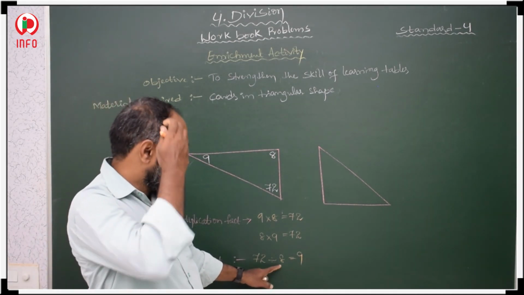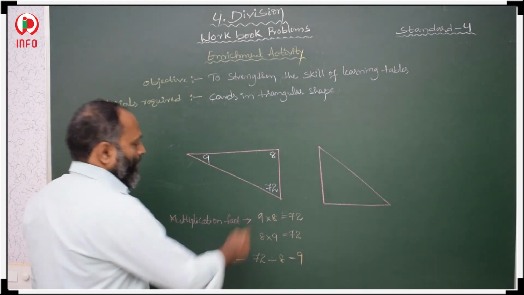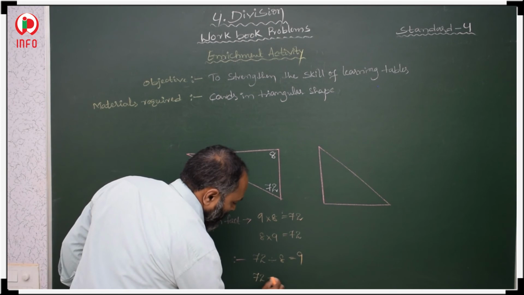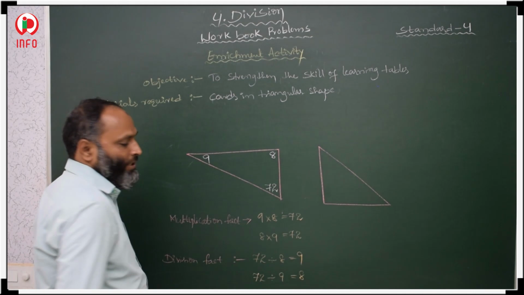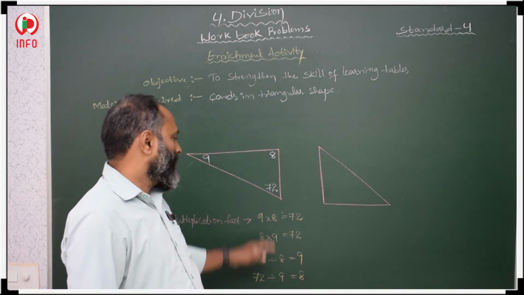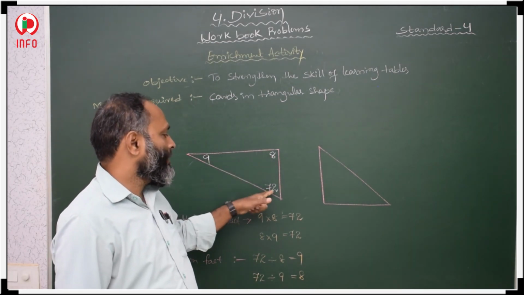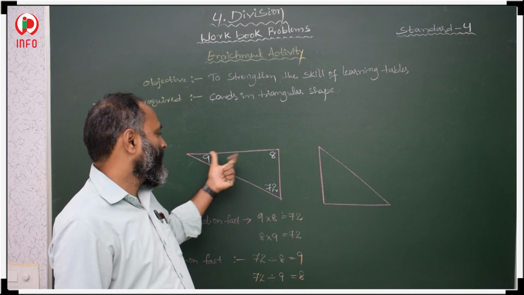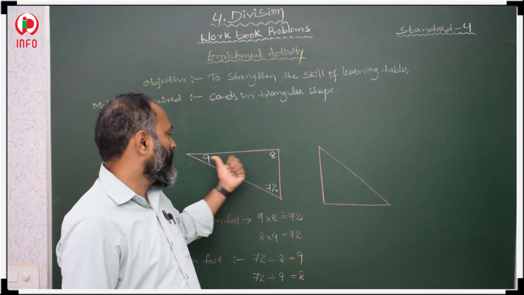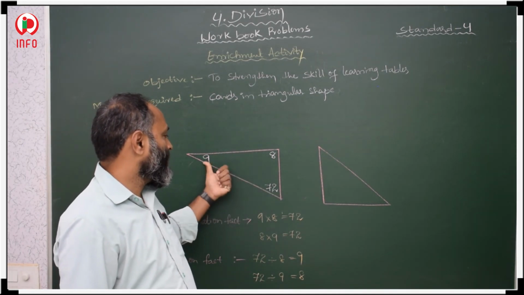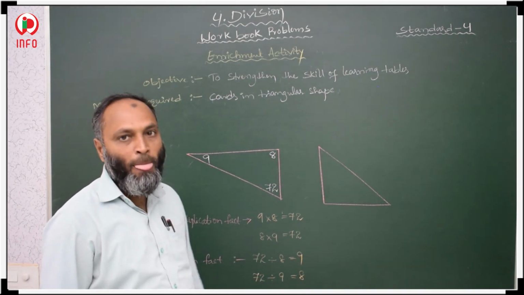If the divisor is 8 and the dividend is 72, then the quotient is 9. If 72 is divided by 9, then the quotient is 8. So these two are the division facts and these two are the multiplication facts.